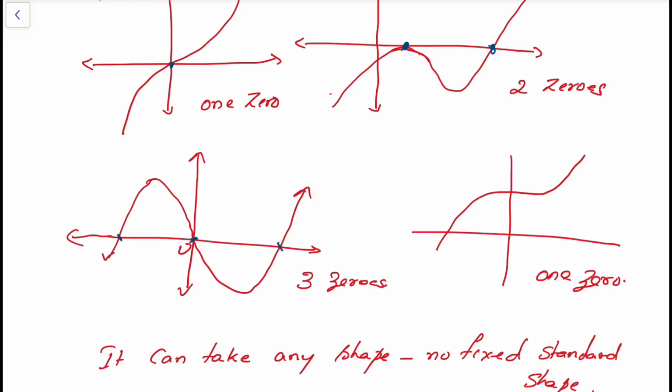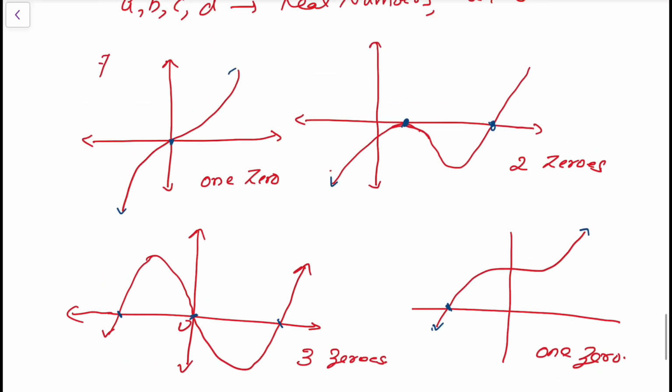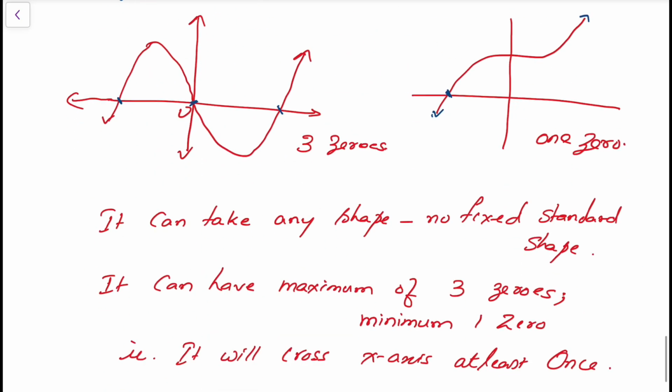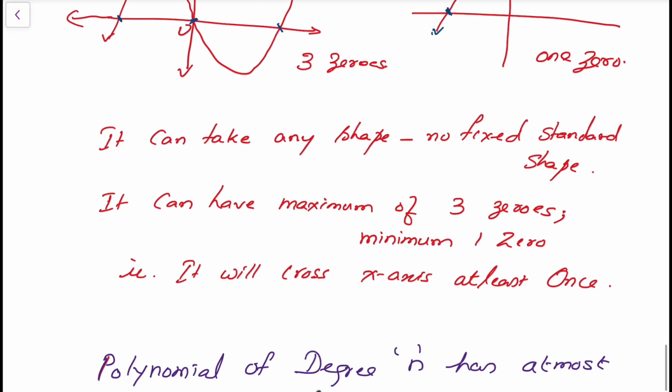Here, if you see, it is crossing the x-axis at 3 points, so it has 3 zeros. And here it is crossing at only 1 point, so it has only 1 zero. So the characteristic of this graph is that it can have a maximum of 3 zeros and a minimum of 1 zero.